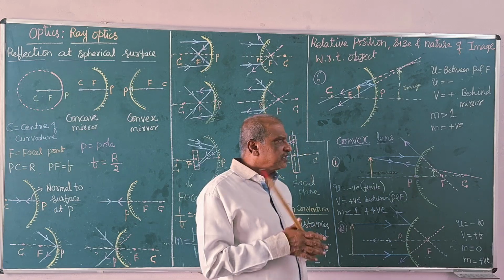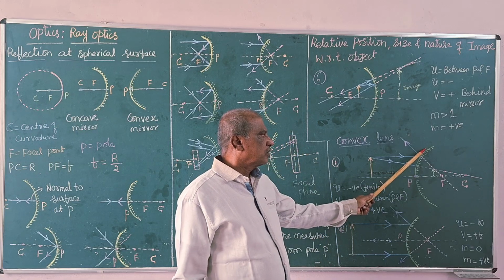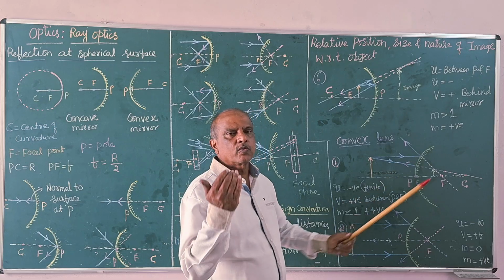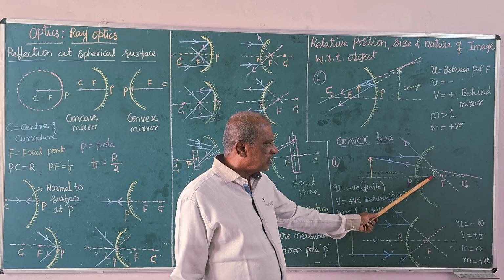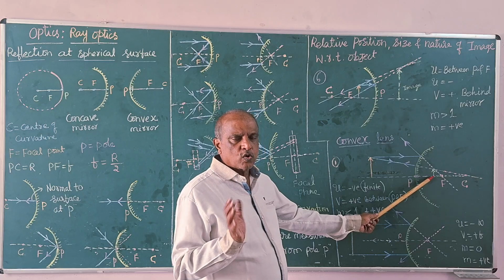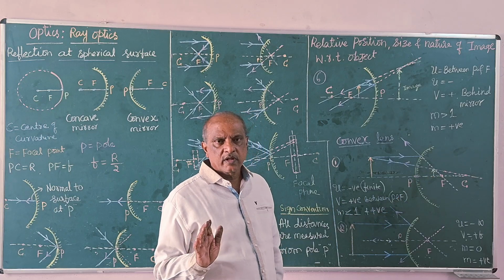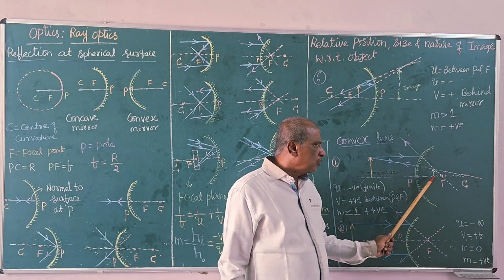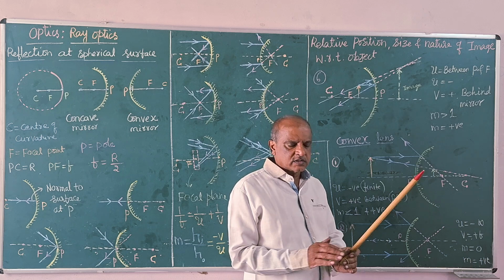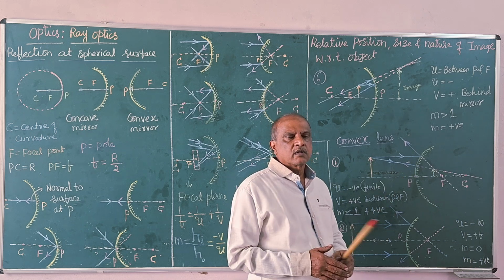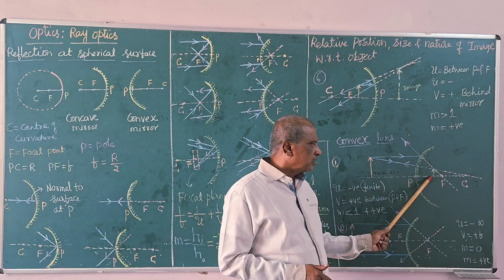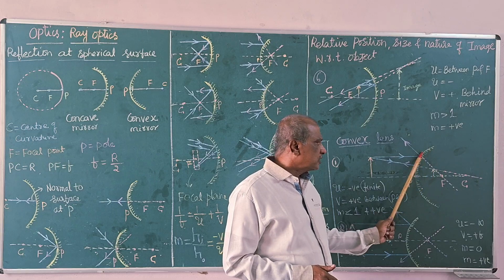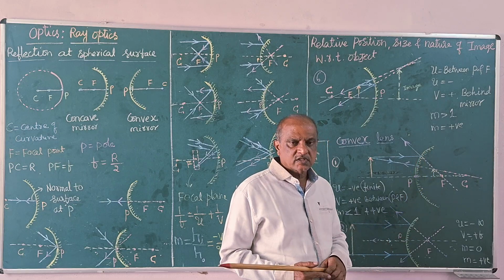Because of this reason, it gives a panoramic view in front, and we see the entire area with clarity, no break in the image, a large area with clarity in diminished size. That is why we can use the convex mirror in such cases.